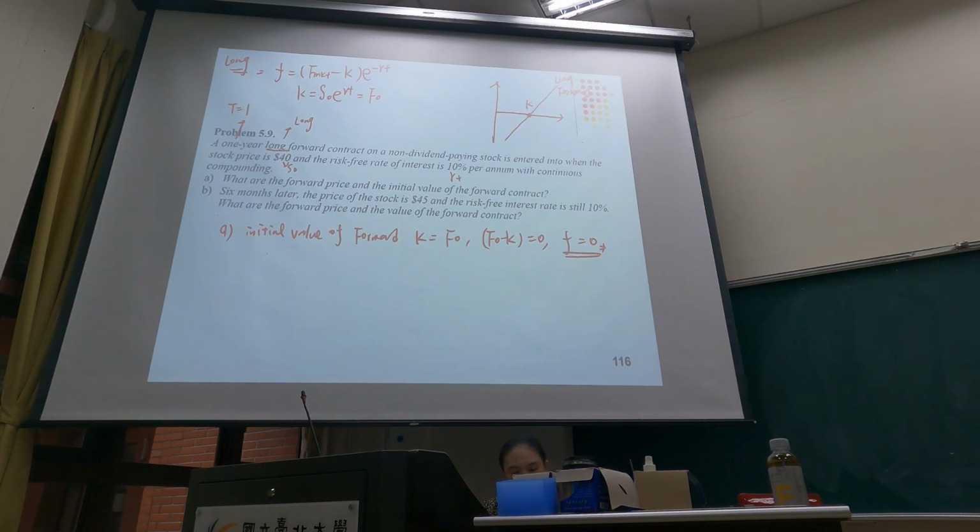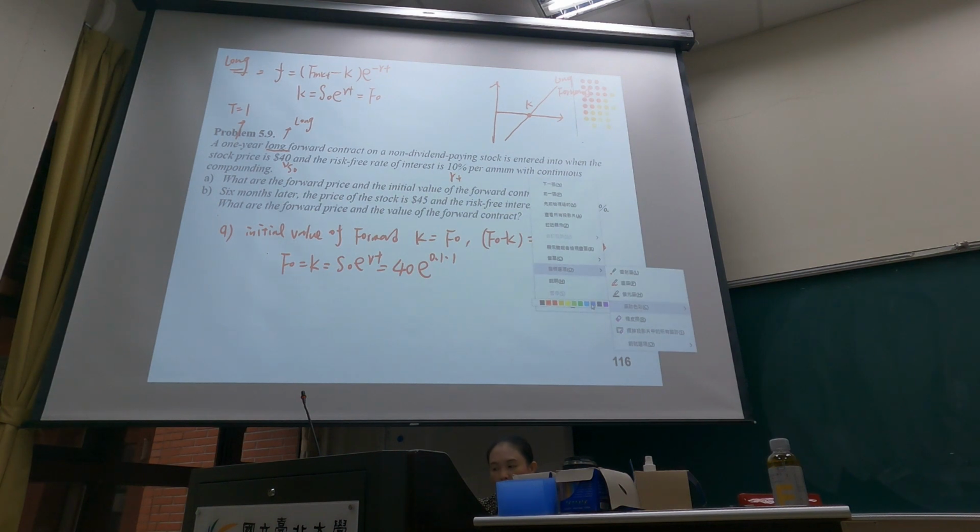Now the second question is, we have to compute F0, right? F0 equals K equals S0 e^(RT), where S0 is $40, e to the power of R is 10% times 1. Are we okay with that? T is 1 year, R is 10%, okay? So when you read the question, be careful.